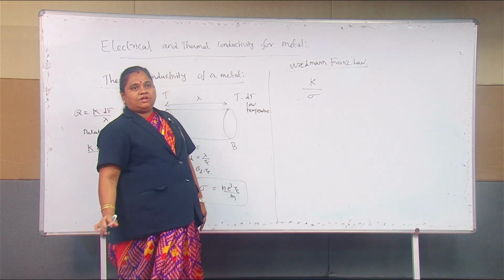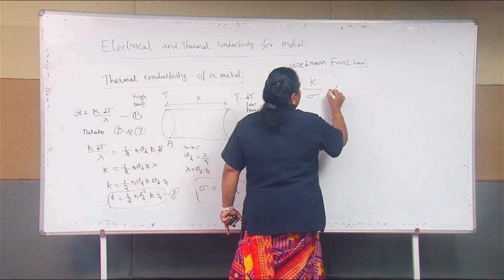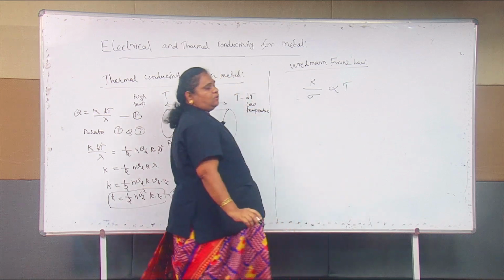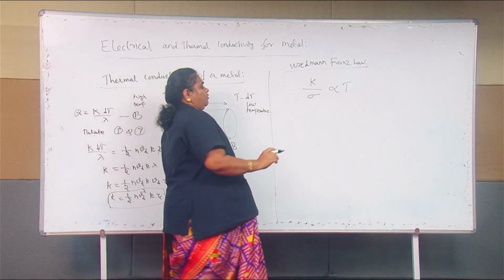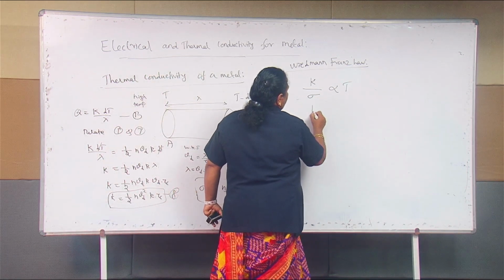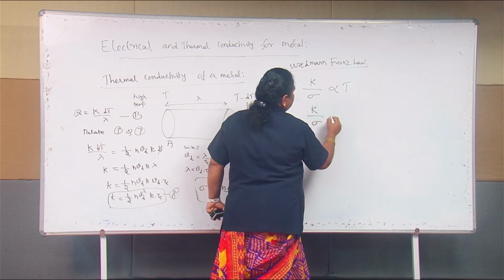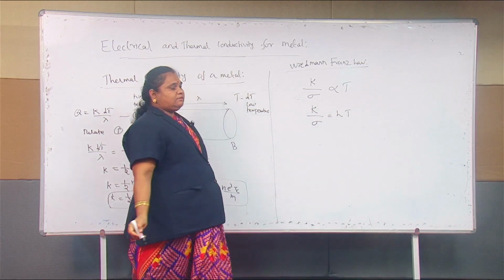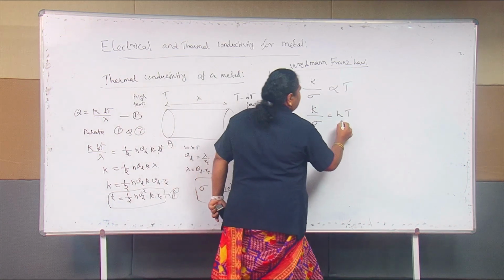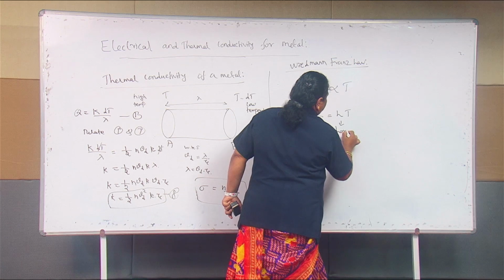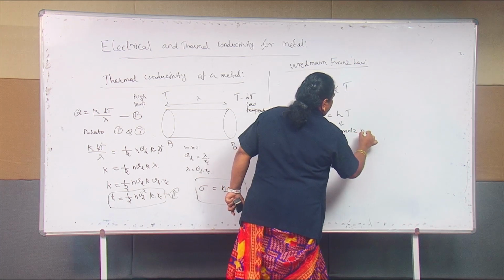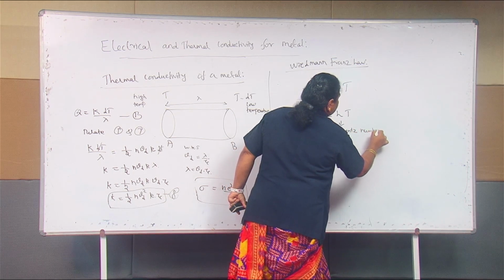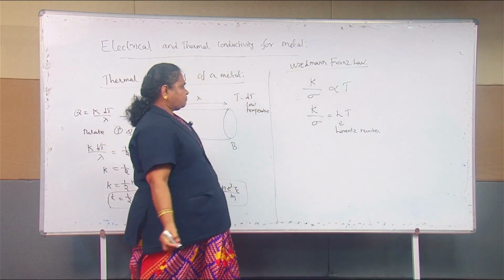So the ratio between these two is directly proportional to the absolute temperature T. When we remove the proportionality, we introduce a constant represented by the letter L, so K by sigma is equal to L into T. This L is nothing but the Lorentz number.